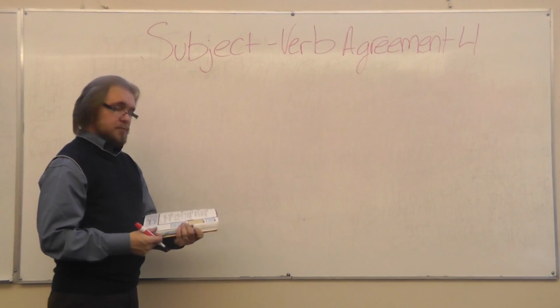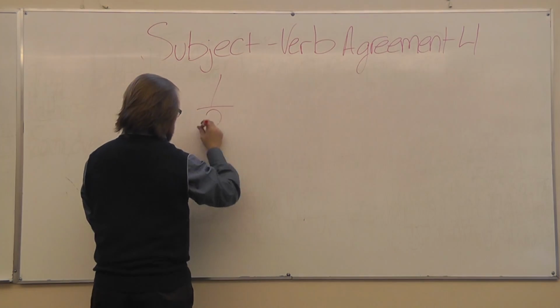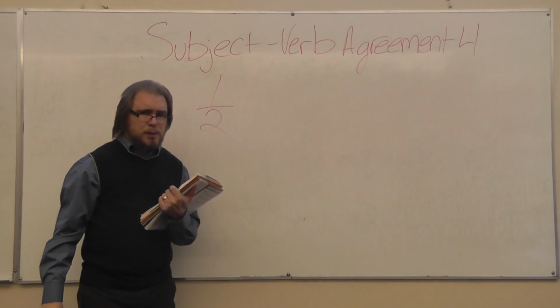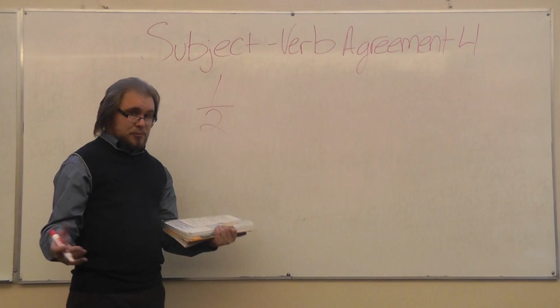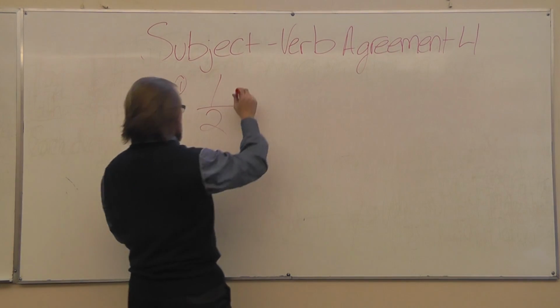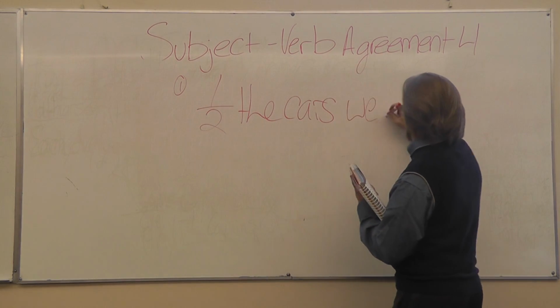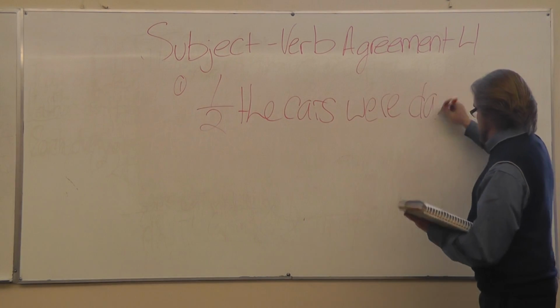In this case, fractions work the same way. So if we have 1/2, well, is that singular or plural? Depends on half of what. So in this first example, it's going to be plural. Half the cars were damaged.